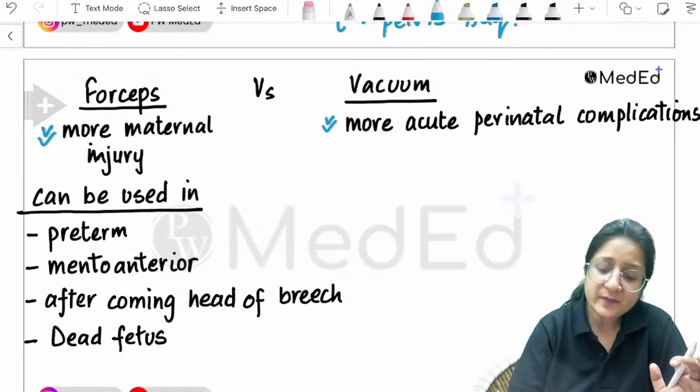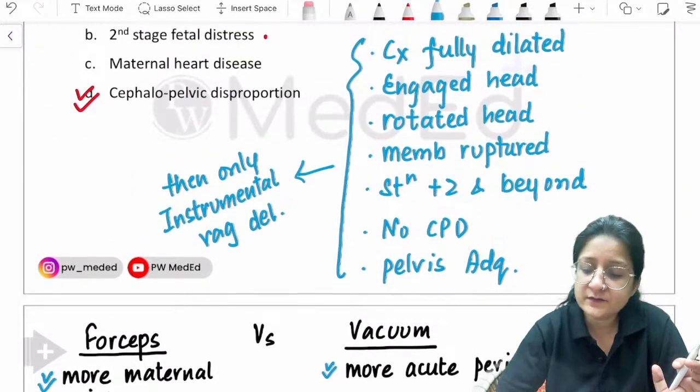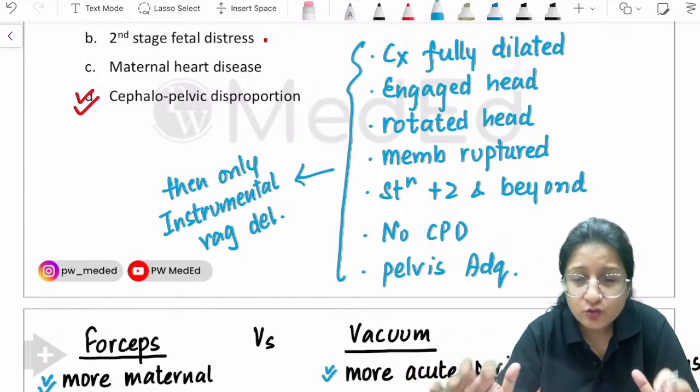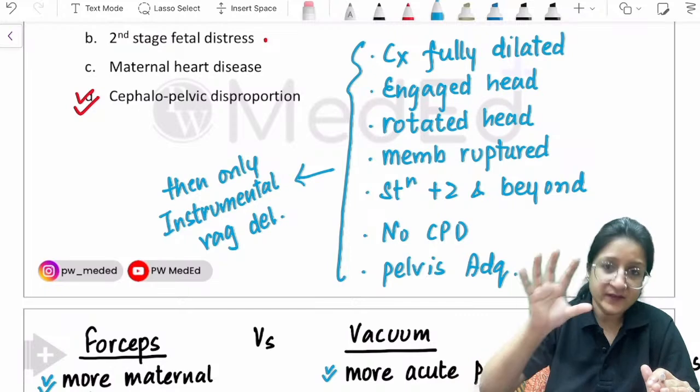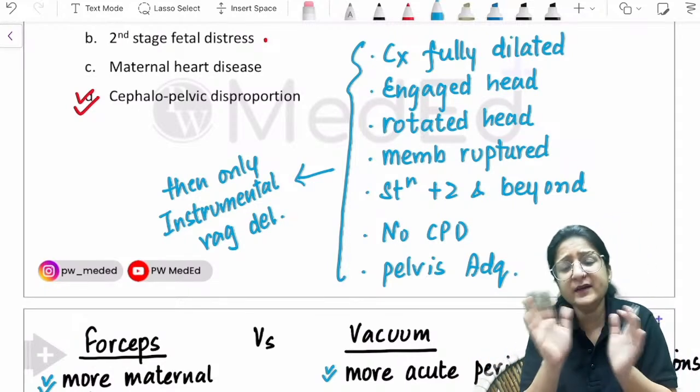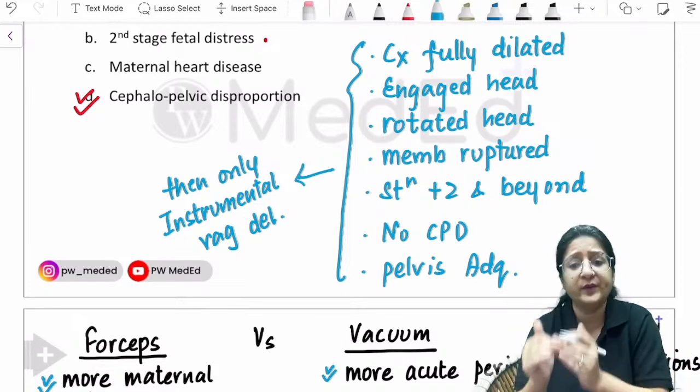Now also remember, I told you that the cervix should be fully dilated, right? The head should be rotated. Vacuum can be applied with incomplete cervical dilatation or even with an unrotated head. That doesn't mean that vacuum should be used.